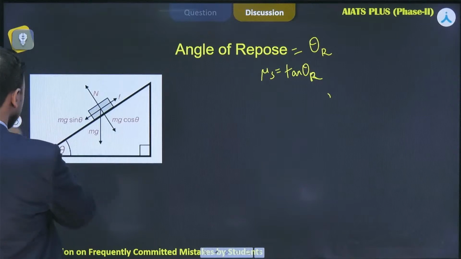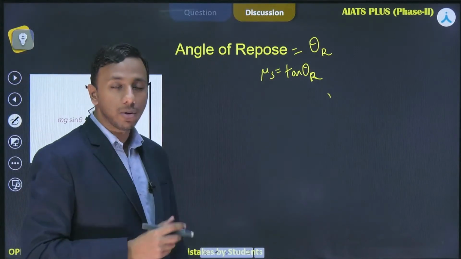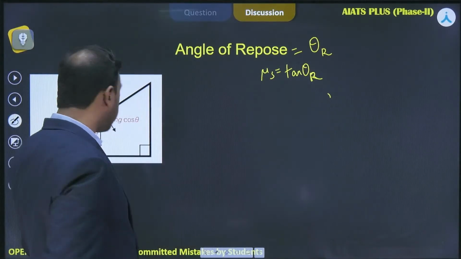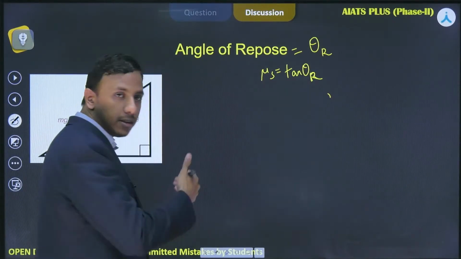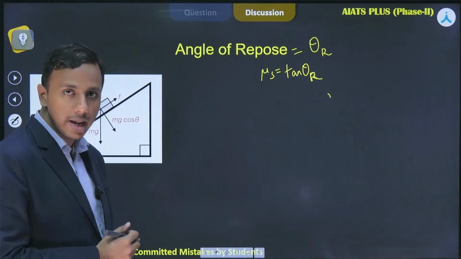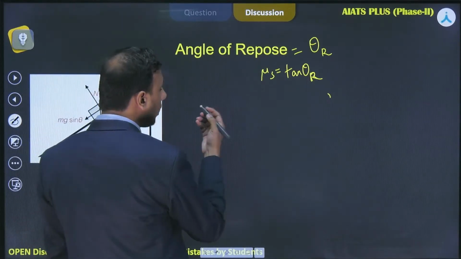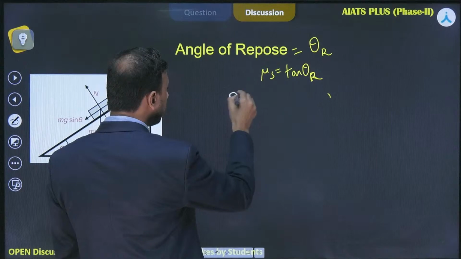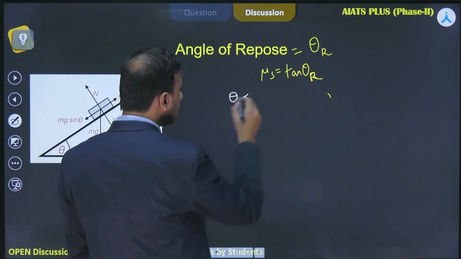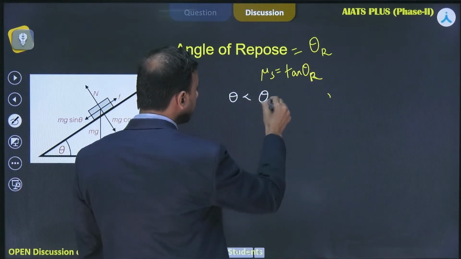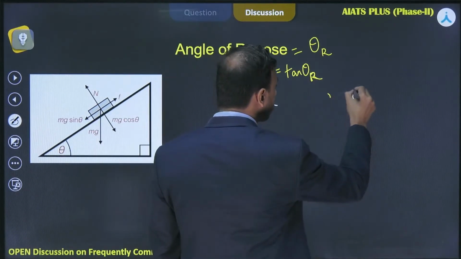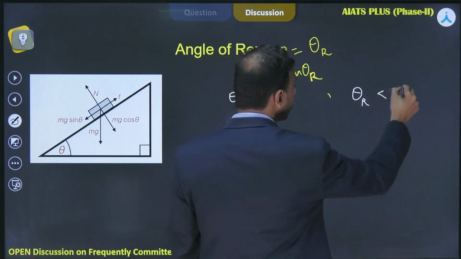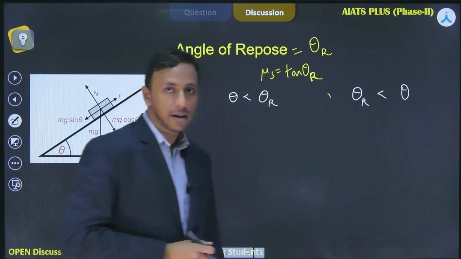And remember, we were also talking about the connection between theta, the angle of inclination of the inclined plane, and theta r. So let's say theta r is less than theta.